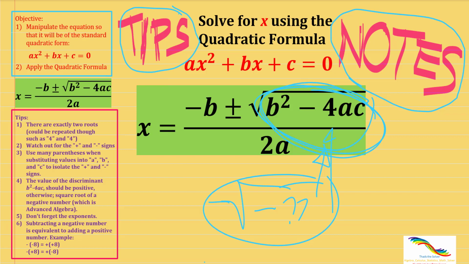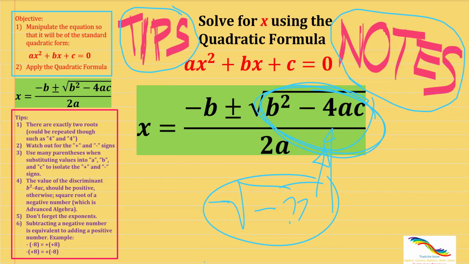So at this stage of your studies, if your discriminant, the quantity b squared minus 4ac, is negative, then try to check your multiplications and your subtraction, because most likely you committed a mistake in the calculation of b squared minus 4ac.